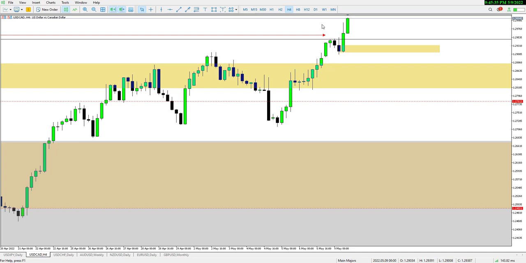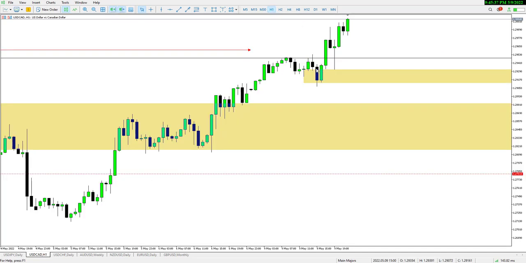Let me go to the H1. We've got this H1 bullish order block inside the H4 bullish order block. Old highs that have been broken to the upside. Price returns if we get positive news for the dollar, negative news for the Canadian dollar. This old high is going to provide support and price pushes to the upside.